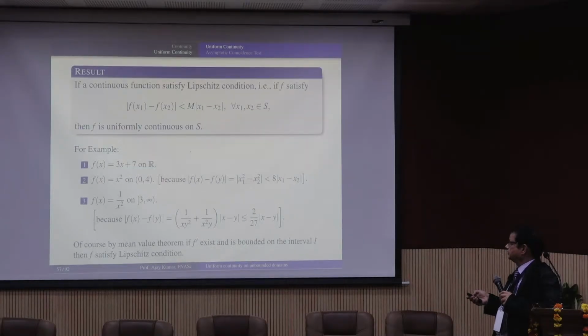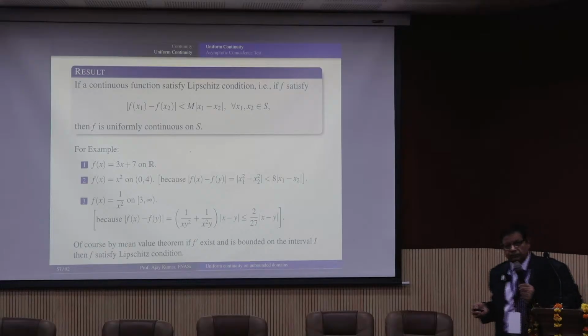Till now, I have discussed finite intervals. So this is a summary. There is no if and only if condition with us which can say that every continuous function is going to be uniformly continuous. So we have to find some sufficient conditions. This is always a challenge.